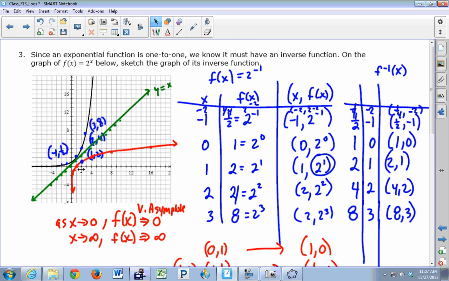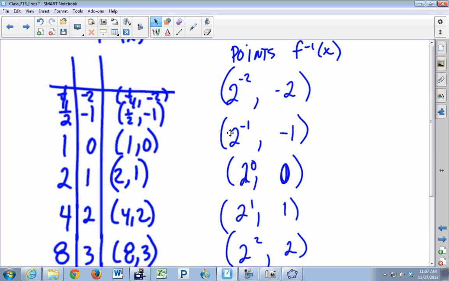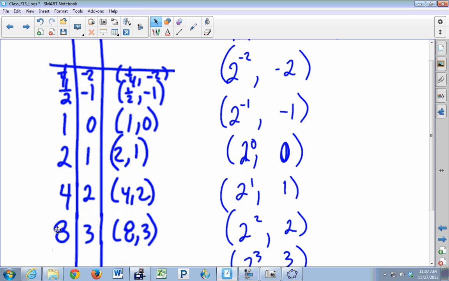We had 1, 0, we had 2, 1, we had 4, 2. So all I did was, instead of calling them 1/4, 1/2, 1, 2, and 4, I just put them in exponent form, right? That's all I did. I took these inputs, which were the outputs of your exponent function, and put them in exponent form right here. So do you see any relationship going from your input to your output?